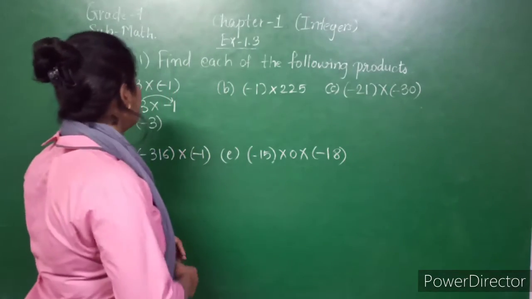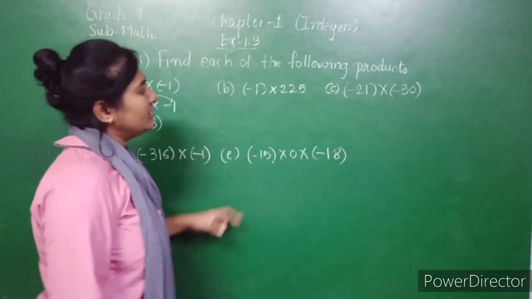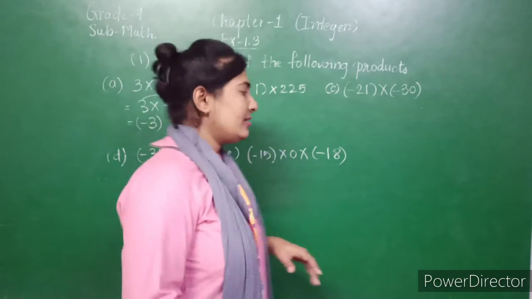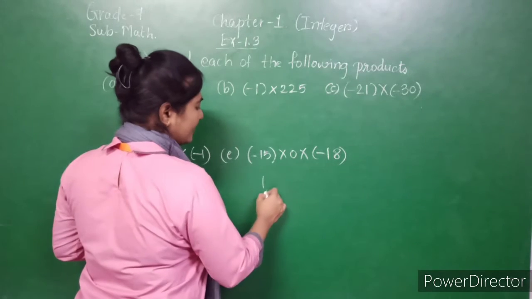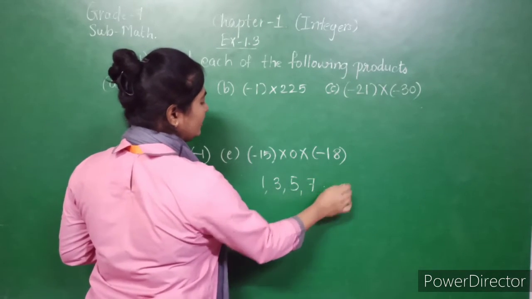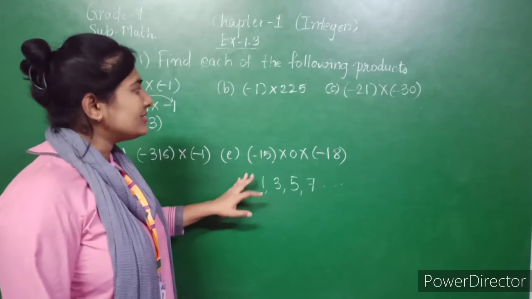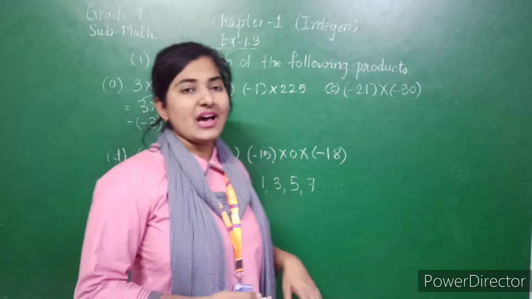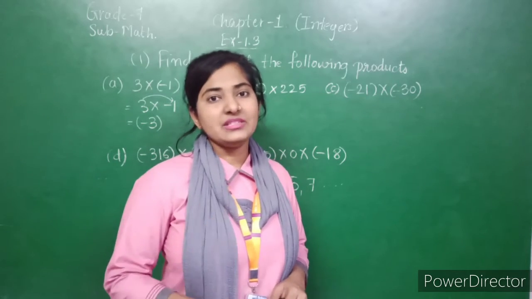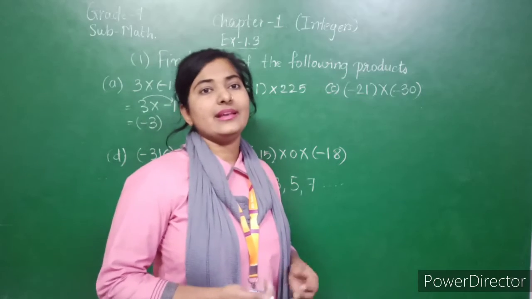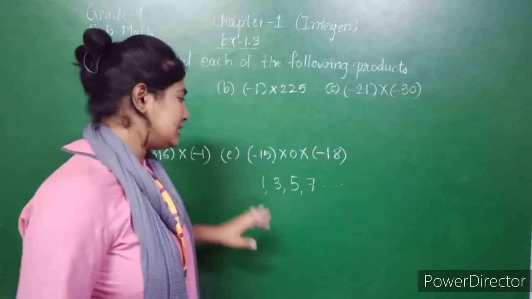Here first of all you have to remember that if the minus is given an odd number of times, like 1 time, 3 times, 5 times or 7 times and so on, then our answer is always minus. But if the minus is given an even number of times, then the answer will come positive.